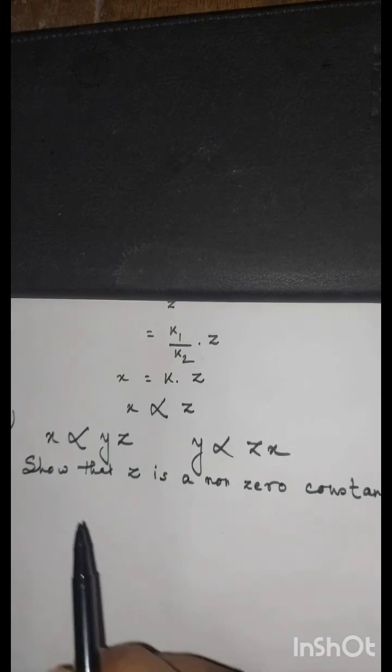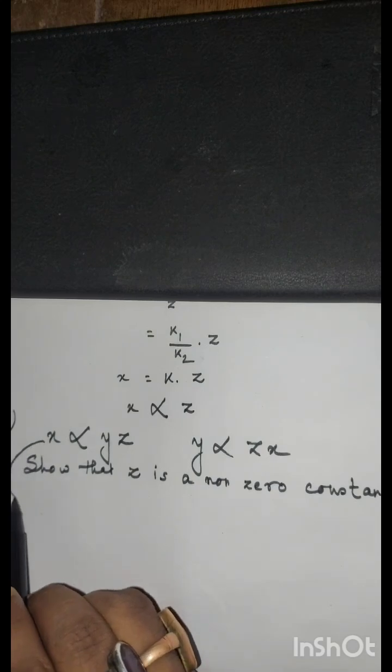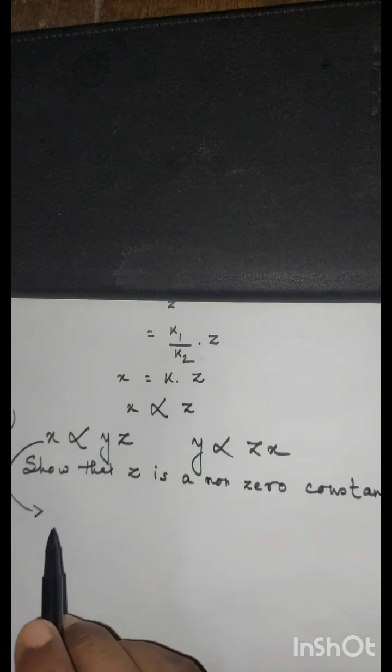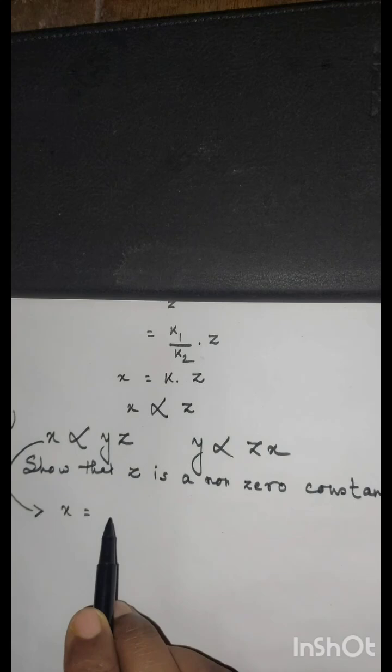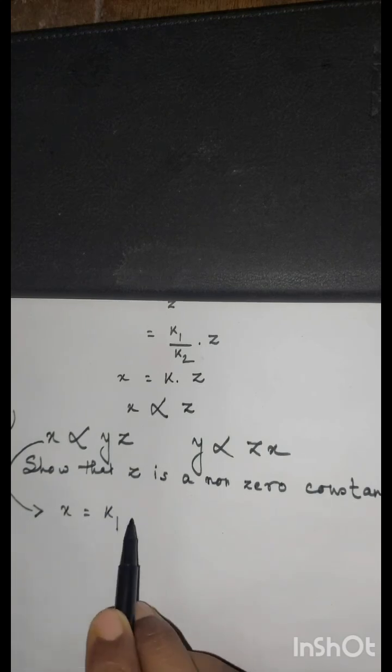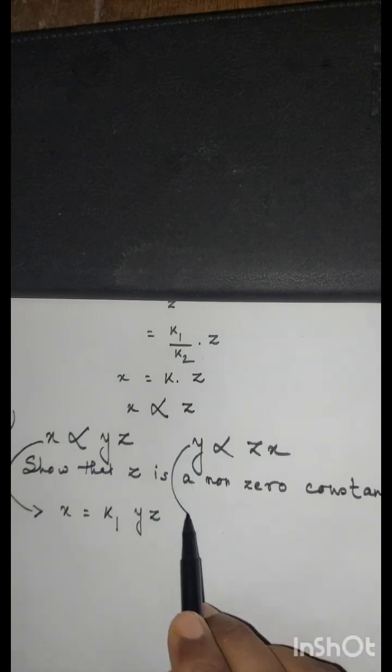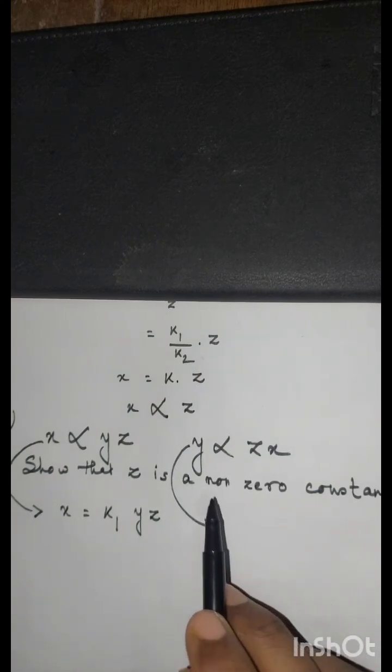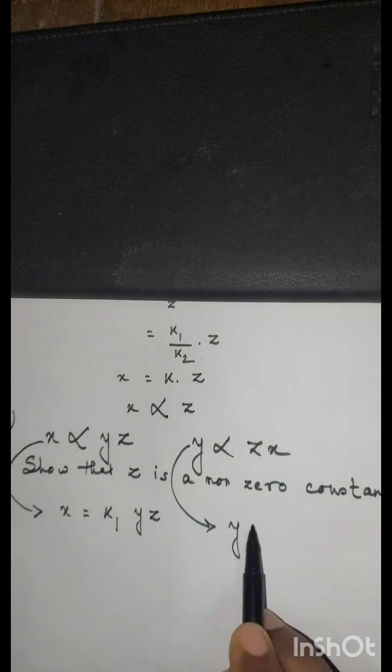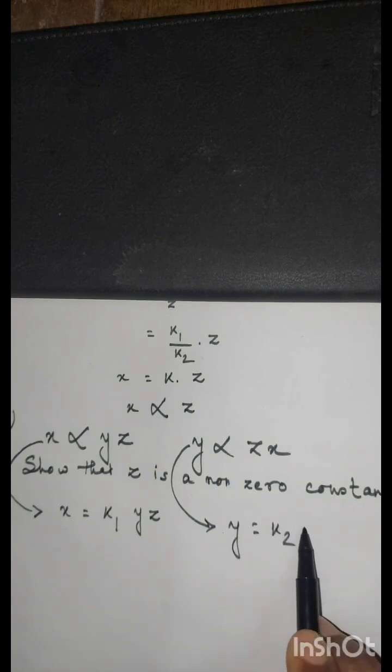Now we can write from this relation x equal to k1 into yz, and from this relation y equal to k2 into zx.